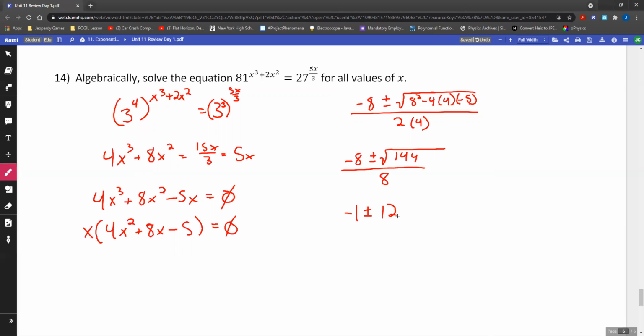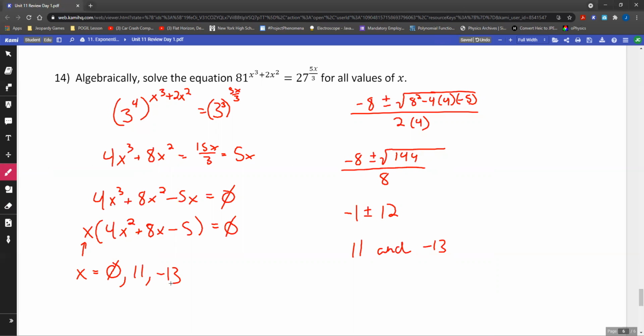So this factors as 11 and negative 13. In addition to that, we have this x still here. So if we actually rewrote this factor, which I'm not going to rewrite, we have 3 solutions, 0, 11, and negative 13.